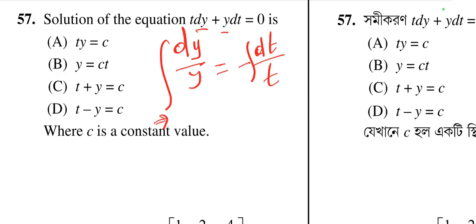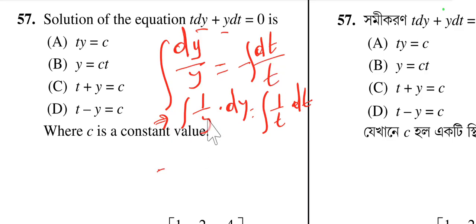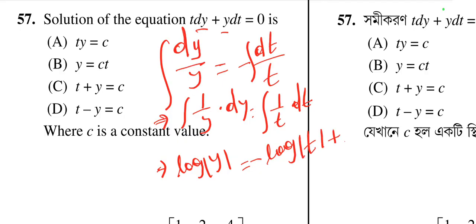So integration of 1 by y into dy is equal to minus integration of 1 by t into dt. Integration of 1 by y is equal to log y, and the right side is minus log t plus log c, where c is the constant of integration. By simplifying, log y plus log t is equal to log c.